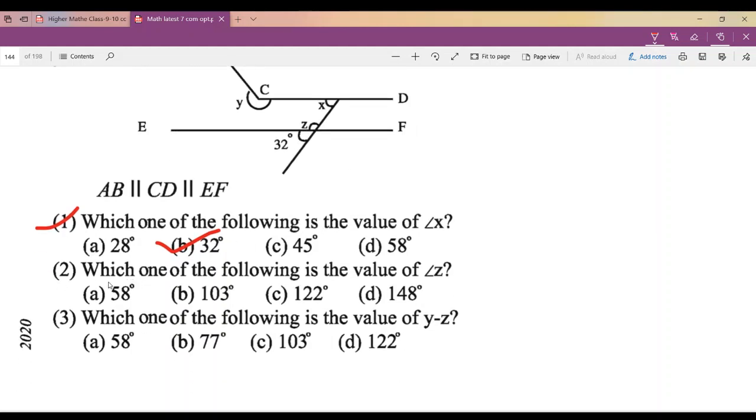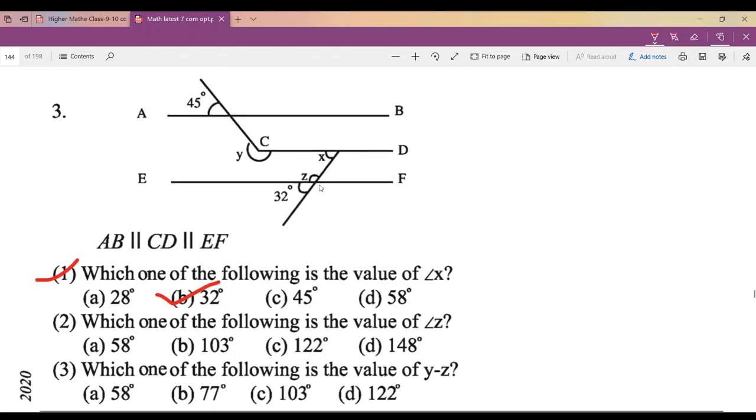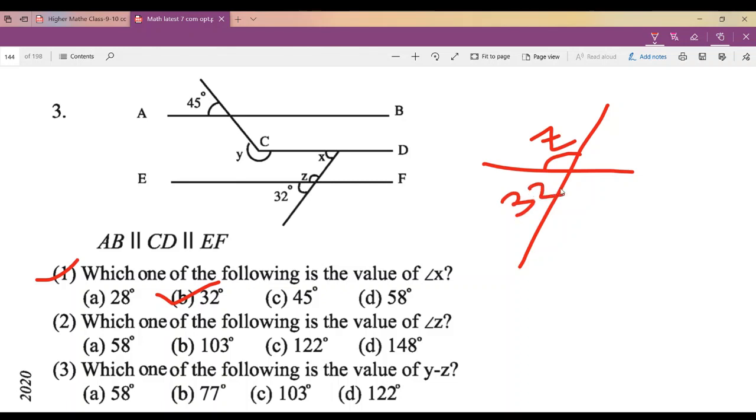Now question 2. Which one of the following is the value of angle Z? Look at the figure. This is Z and this is 32. Total angle 180 degrees because 32 and Z are supplementary here.